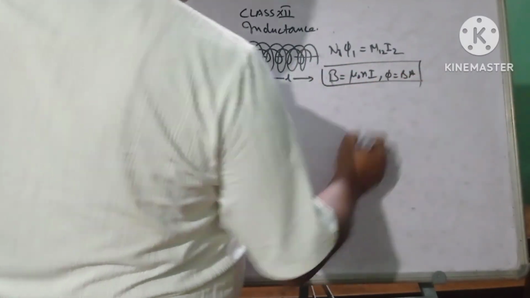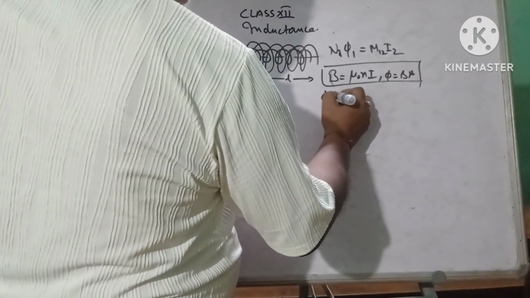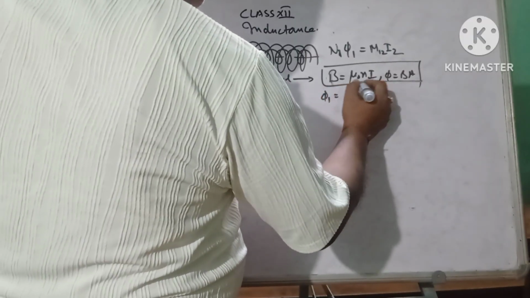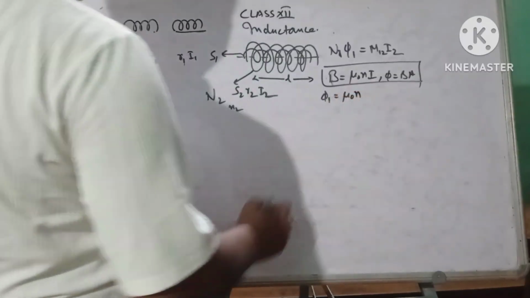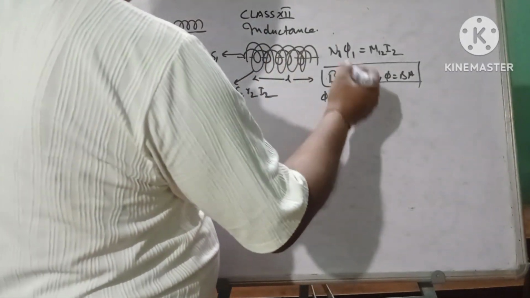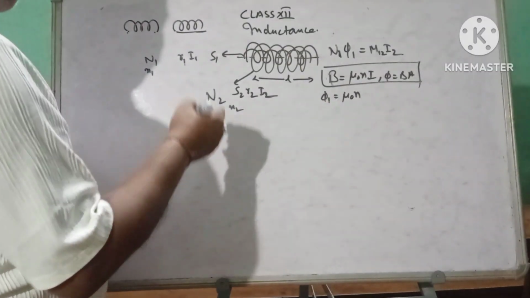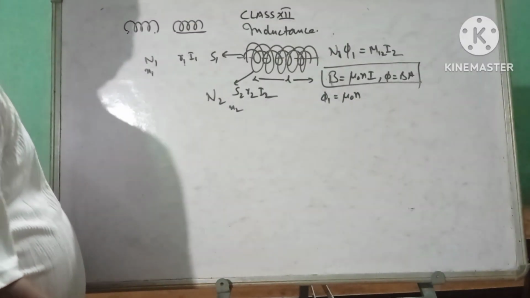So phi 1 will be equal to B into A. B is this constant, and it is because of the bigger coil, the current flowing in the bigger coil, and for that, the flux in the smaller coil.